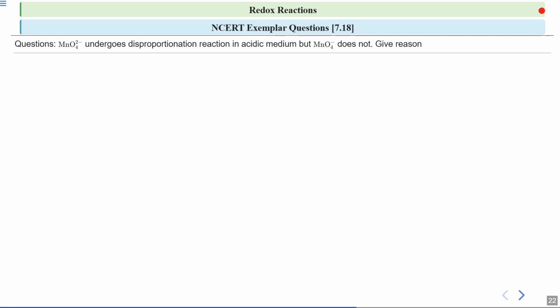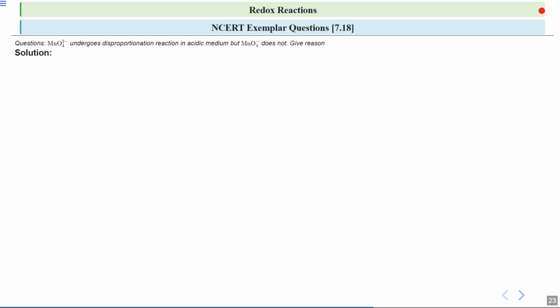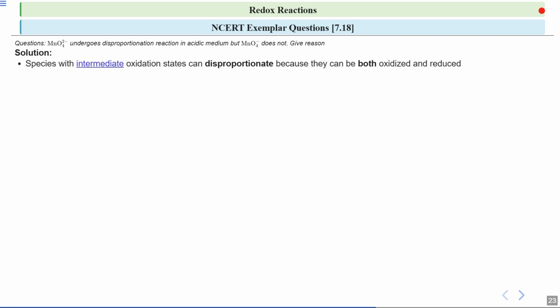Moving on to the next question: MnO4 2- undergoes disproportionation reaction in acidic medium, but MnO4- does not. Give reasons. How can we do it? One thing is for sure, if you want to see a disproportionation reaction, your element should have an intermediate oxidation state for its convenience to get oxidized and reduced both.